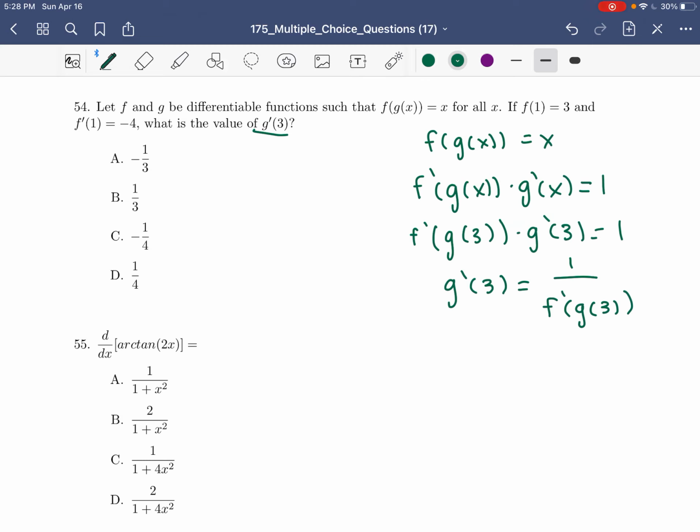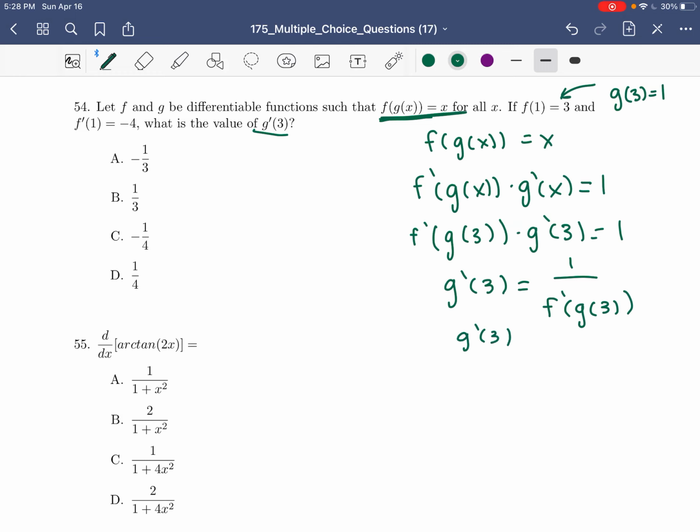And then in this part, we have to use something else that we know. So we know that these two are inverse functions. Notice how they don't tell us what g of 3 equals. So they tell us f of 1 equals 3 because they're inverse functions. Based on this right here, it tells us that that means they're inverses. g of 3 has to equal 1 because they're opposites.